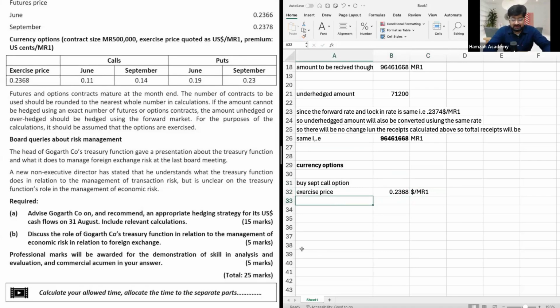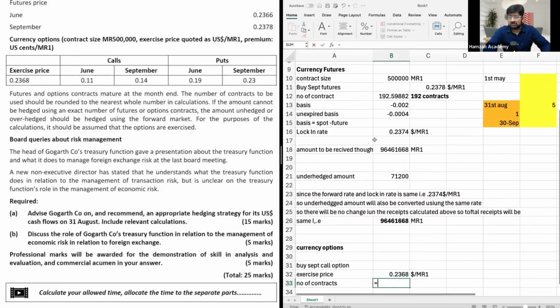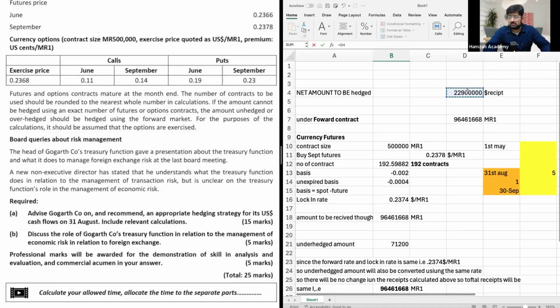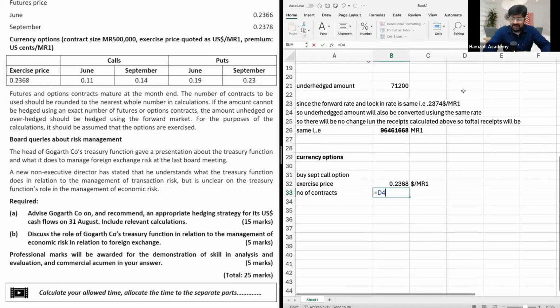So, number of contracts: amount to be hedged divided by the contract size of 500,000 Malaysian ringgit, which gives 193 contracts.